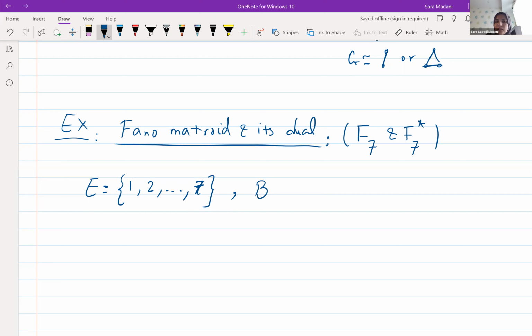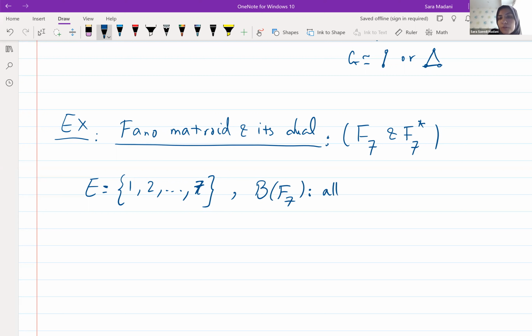The bases of F7 itself are all 3-subsets of these 7 elements, except some that I will tell you.